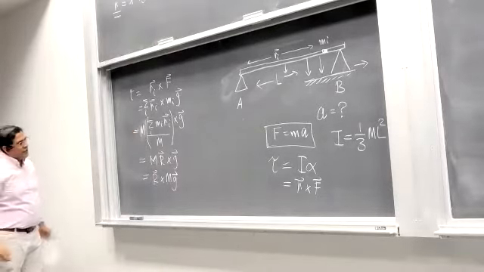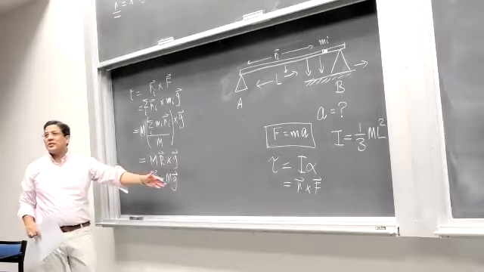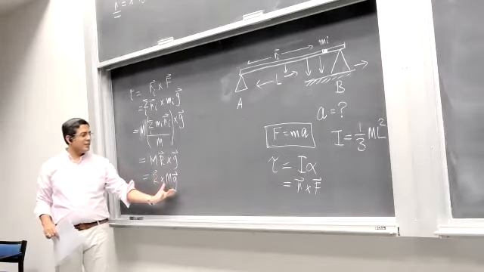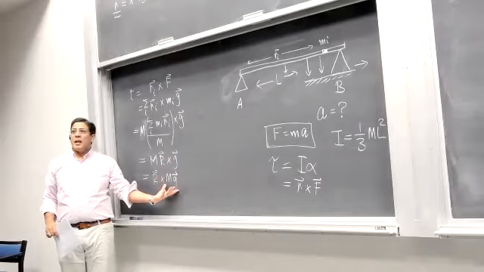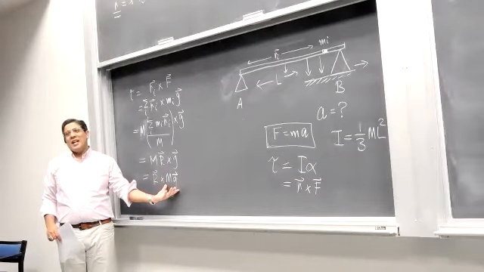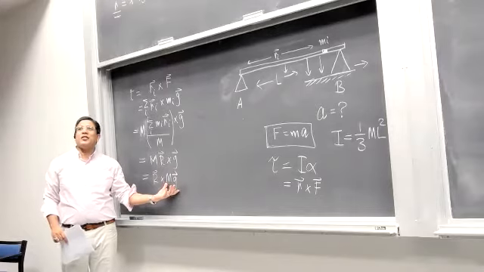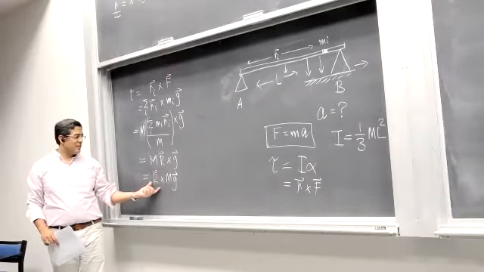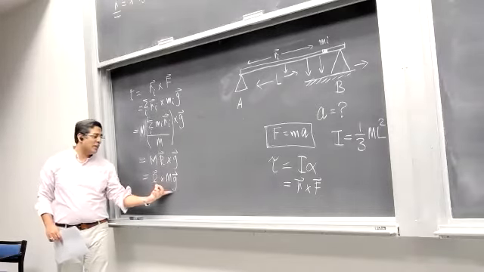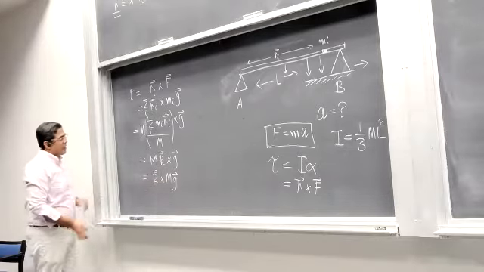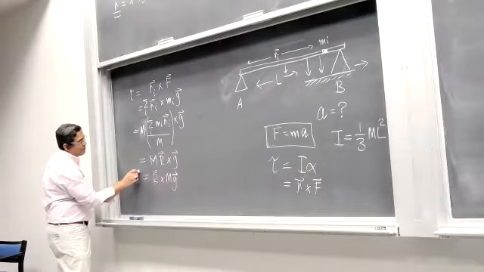Okay. So now you see this, when you have a situation like this, you can take the total mass and calculate the total gravitational force acting on that mass. And imagine as if that force is acting on the center of mass. These two then give you the total torque acting on such an extended object.